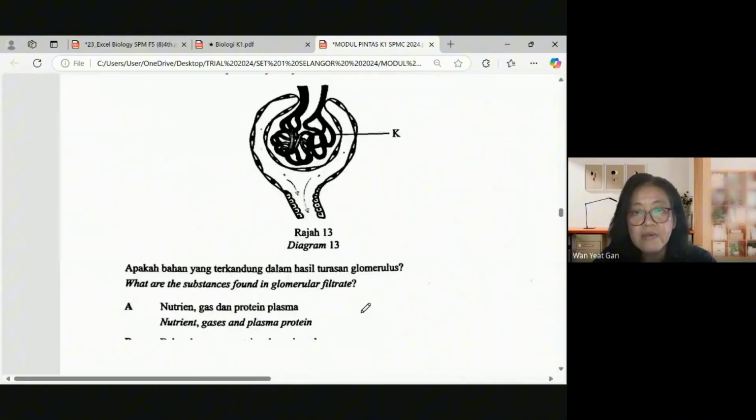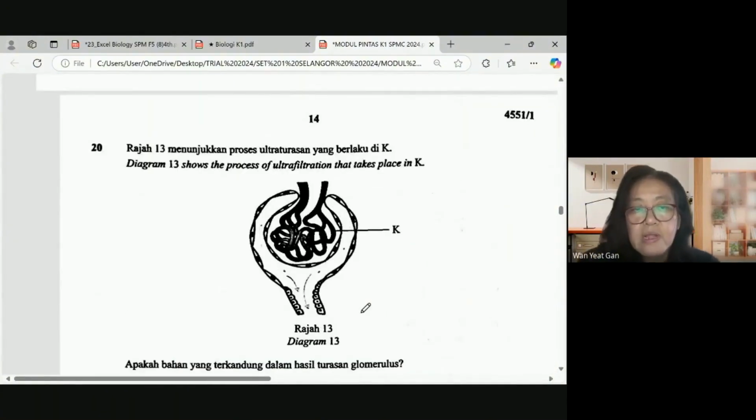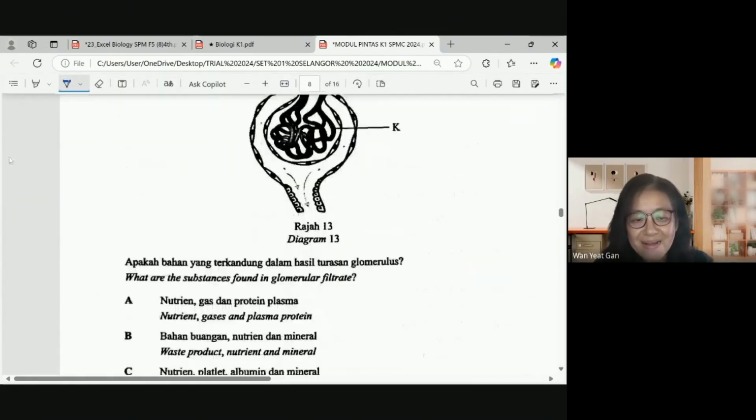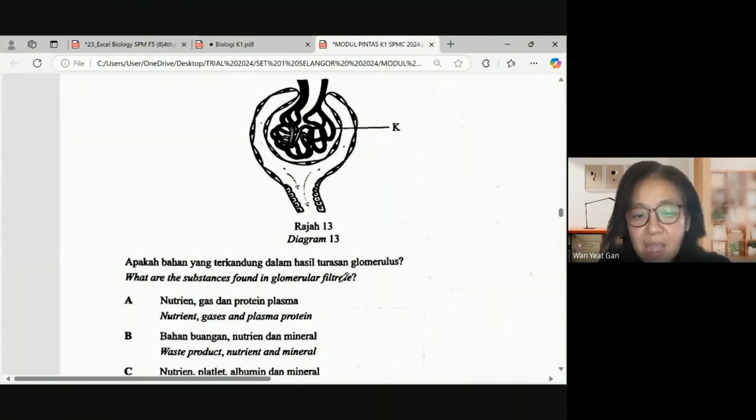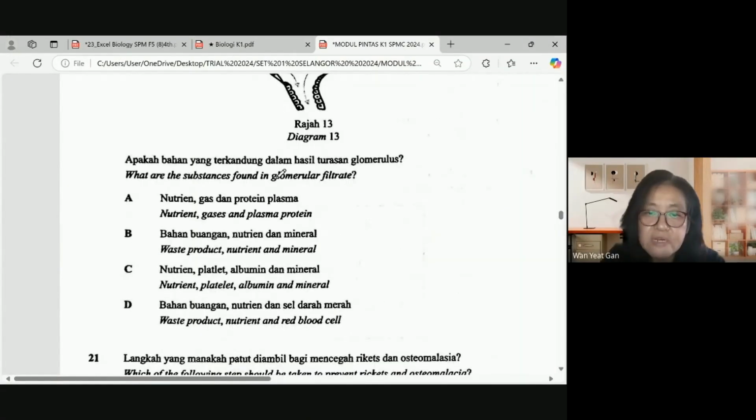Okay, next. The diagram shows the process of ultrafiltration that takes place in the kidney. What are the substances found in glomerular filtrate? Now, the glomerular filtrate is the filtrate that is obtained after the process of ultrafiltration.